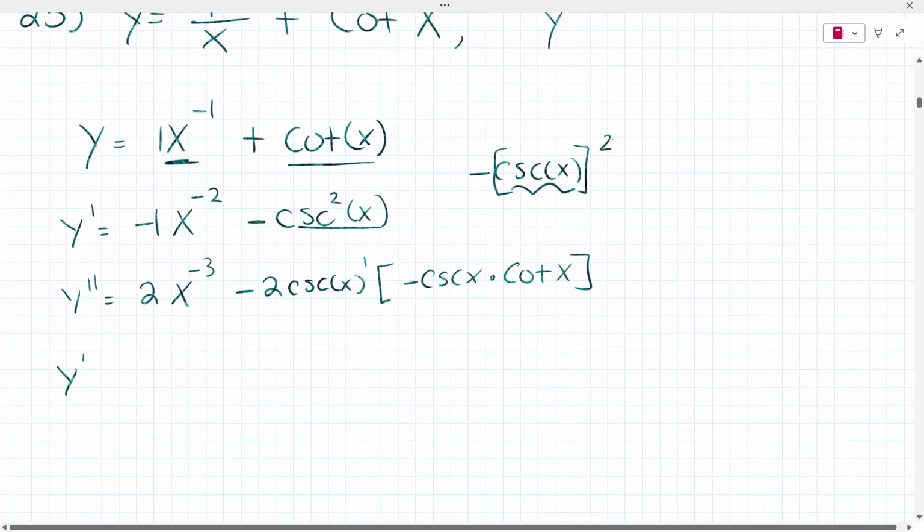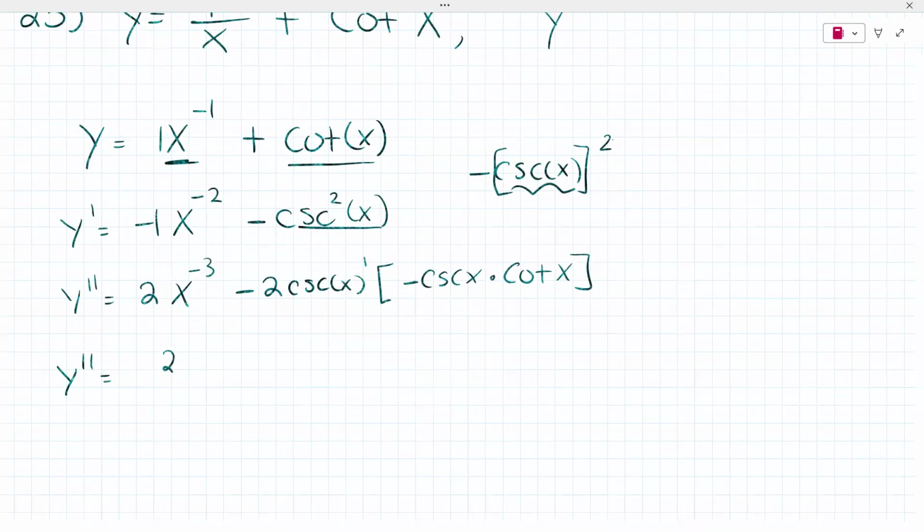You have y double prime equals 2x to the negative 3, which is the same thing as 2 over x cubed. Over here, a negative and a negative is a positive, so that's positive 2 cosecant squared of x times cotan x. Okay, so that's your final answer.